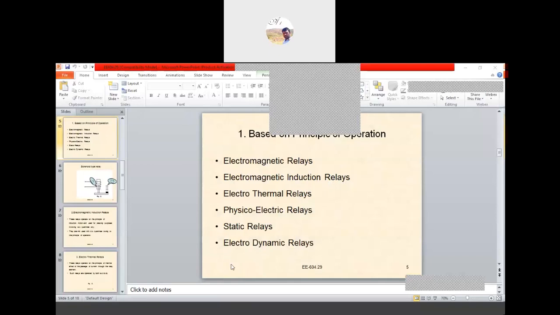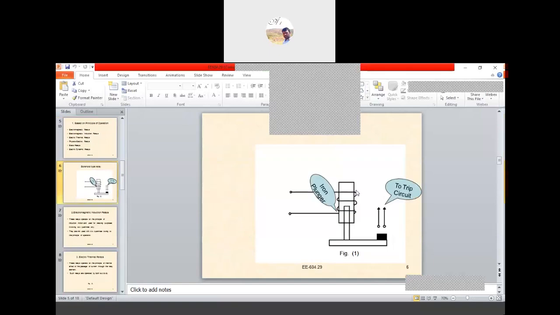In the static relays, we have another type, electrodynamic relays. Apart from that, we have static relays and microprocessor based protective relays. This is one of the classifications.